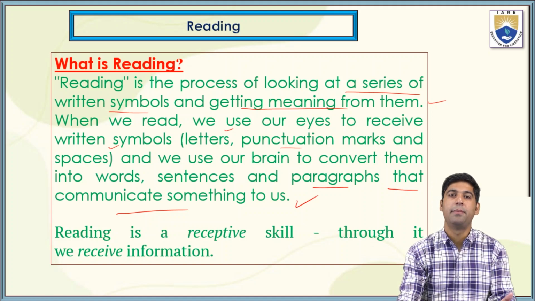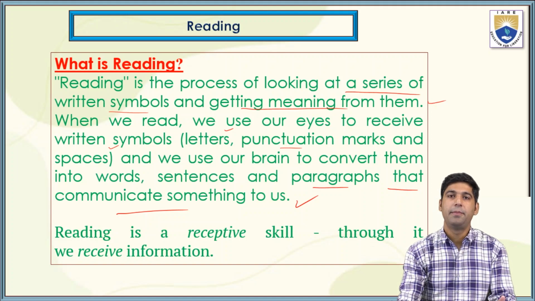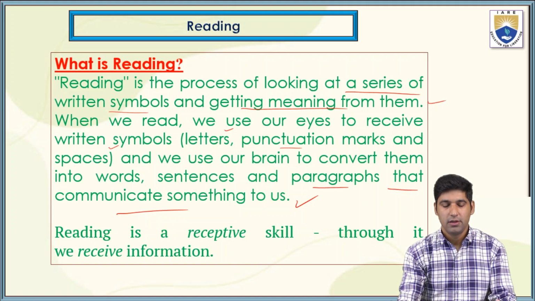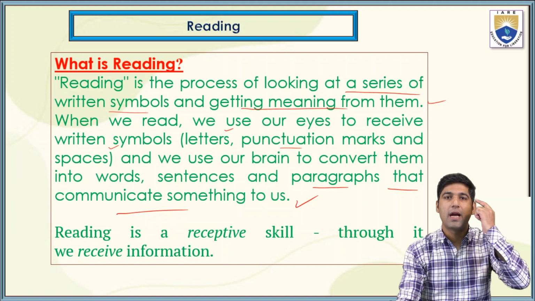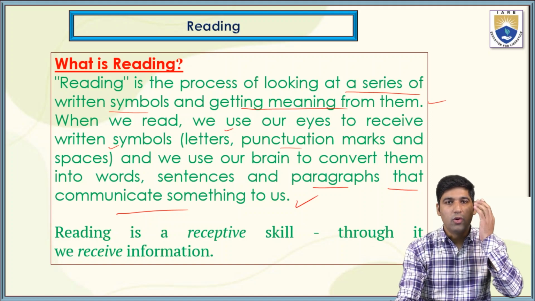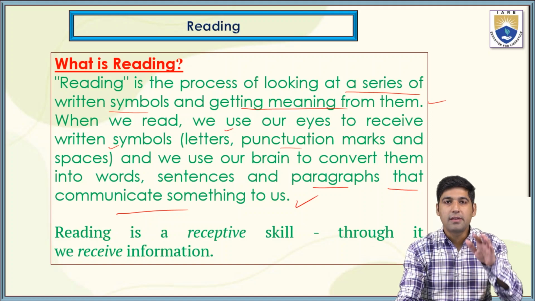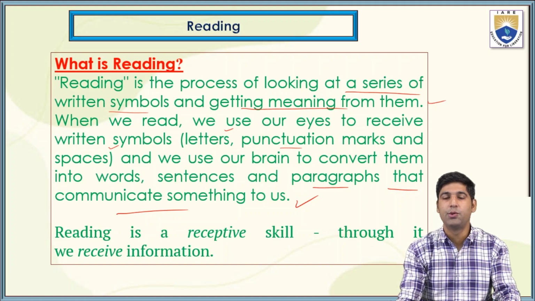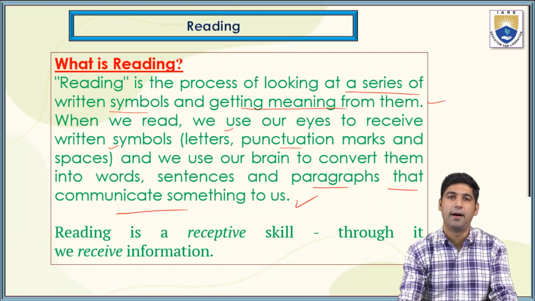So we are using our eyes to read the symbols. These symbols may be letters, like words are written with the help of letters, some punctuation mark, or a space. We use our eyesight to read these written symbols, and then we use our brain to convert what we have read into words, sentences, or paragraphs.